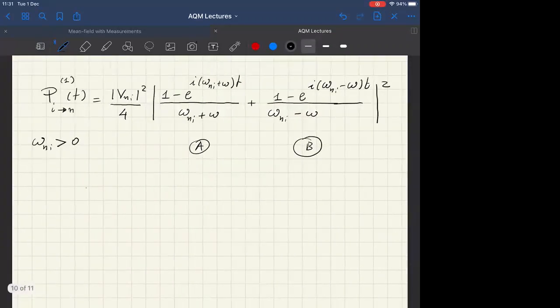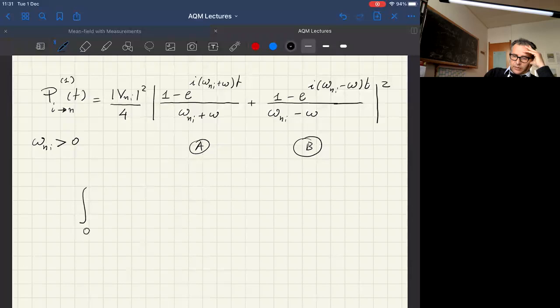So I have to do this integral between 0 and t of dt prime of V n I cosine of omega t prime e to the i omega n I t prime, and then take the absolute value.